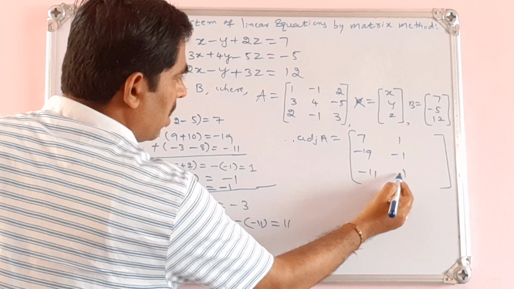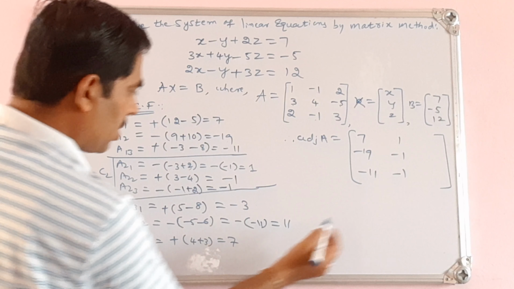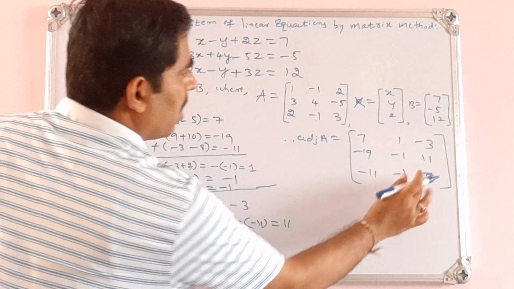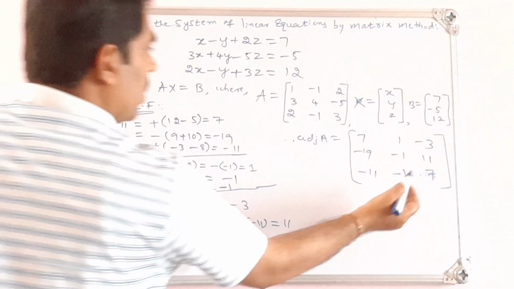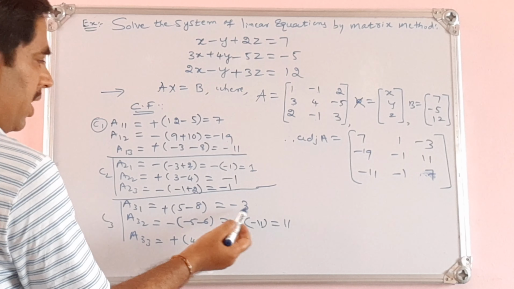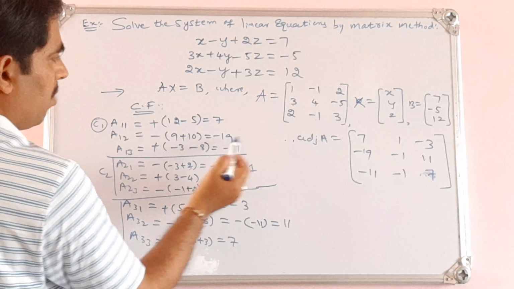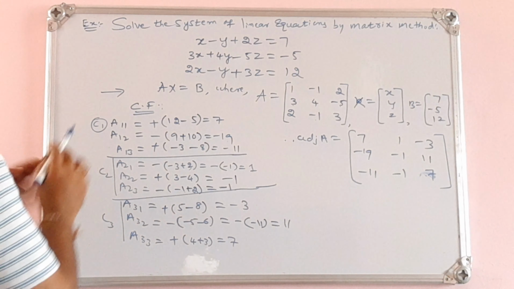Last column: minus 3, 11, 7. So we have to write it correctly. Those are the adjoints.